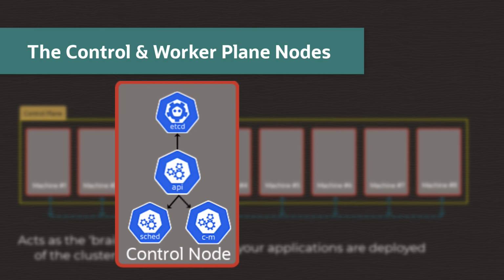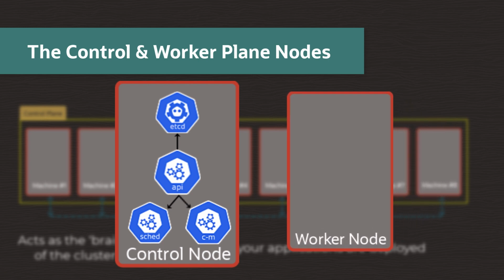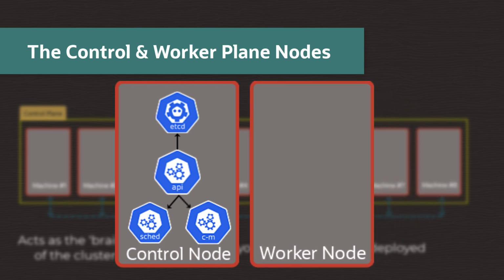Remember, the control plane node or nodes do not run your application. That is what the work plane node's role is. Each worker within a work plane is instructed by the control plane to run, monitor and provide connectivity for any application deployed onto this Kubernetes cluster. So now let's look at one of the worker node's Kubernetes components.